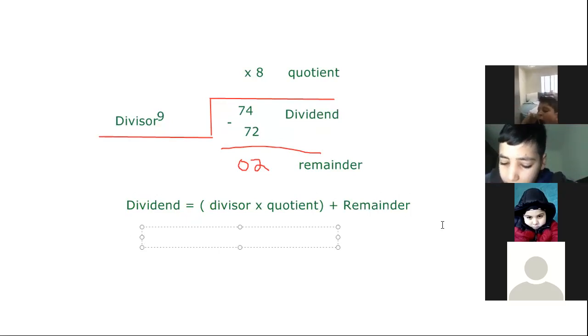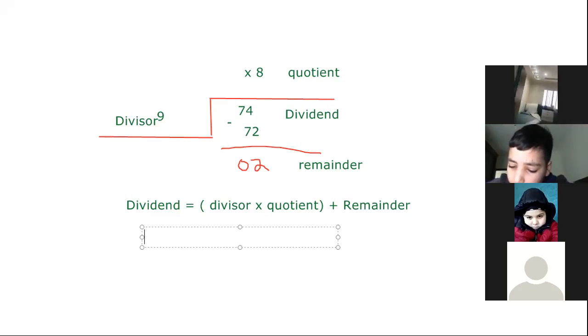Yalla Mohammad Ali, Mohammad Hamoud. Dividend equals. Yes, Miss. Yalla Mohammad, what's the dividend? The others, please mute yourself.